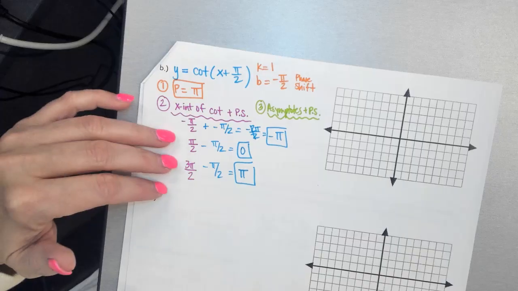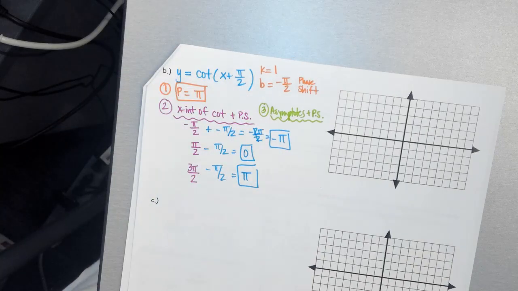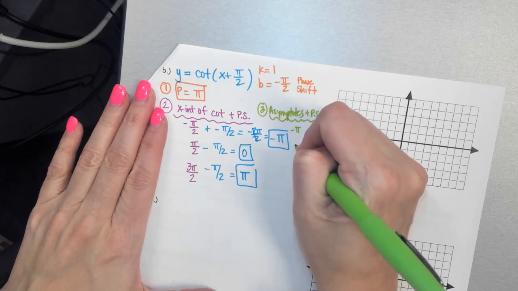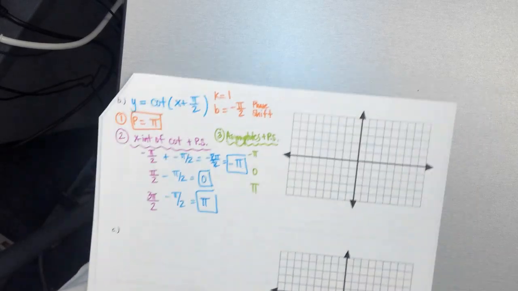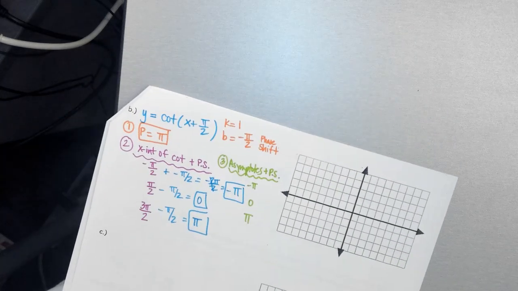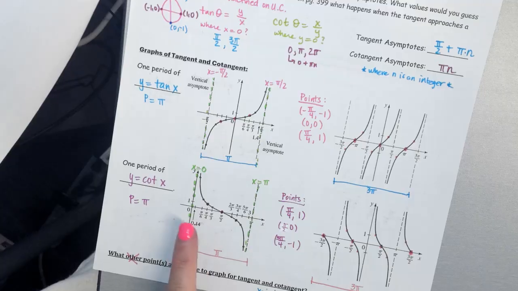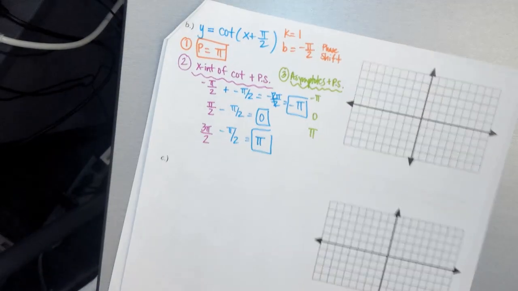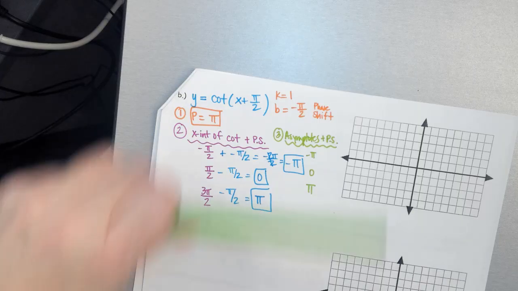Just like we did with this, you can take the asymptotes of the parent and then just apply the phase shift. So if your asymptotes are negative pi, 0, and pi, which again we can find from our parent graph, if I look at cotangent, I have 0, pi, negative pi. I can just take those and apply my shift.